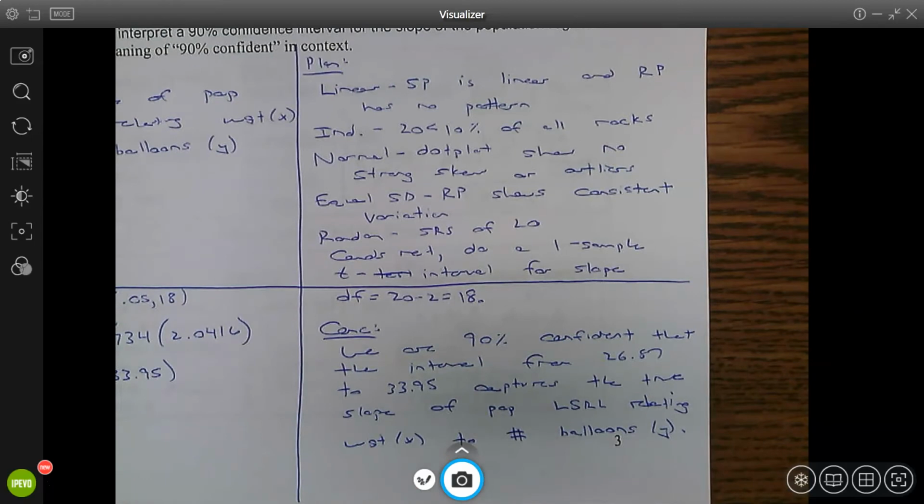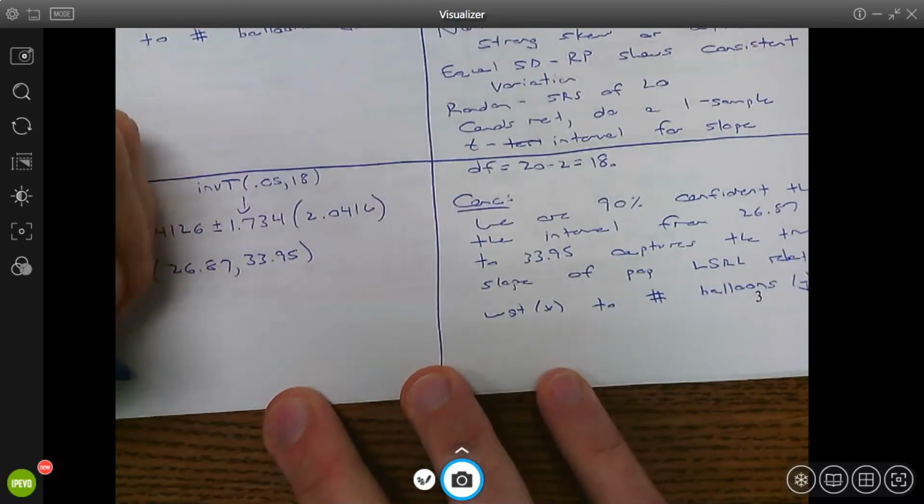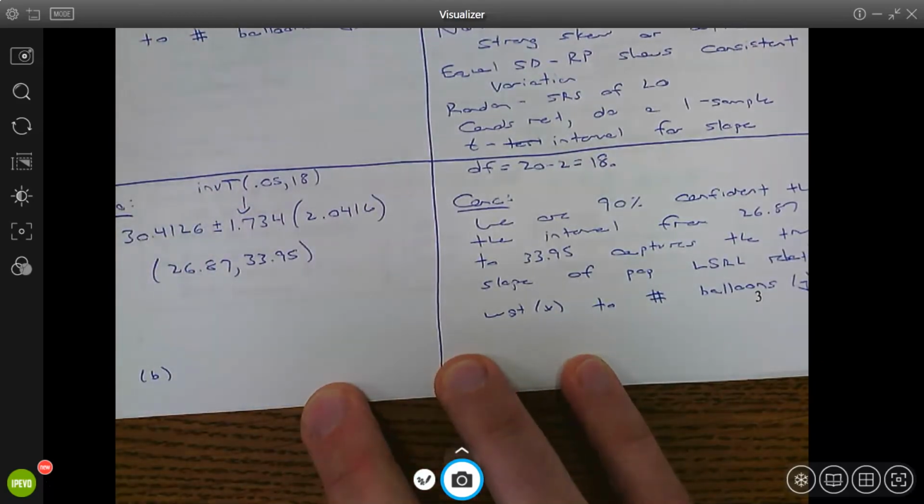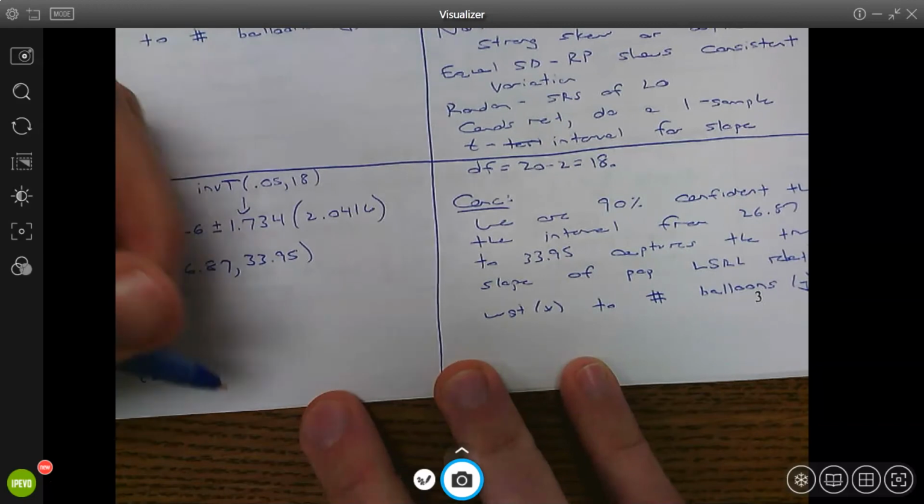So that's part A. Part B, explain the meaning of 90% confidence in context. So that's your confidence level. So part B would be, is this a random sample? Yes.